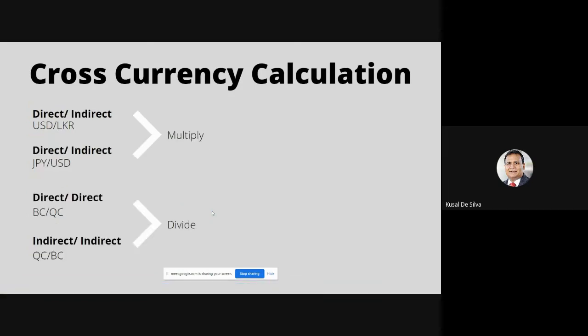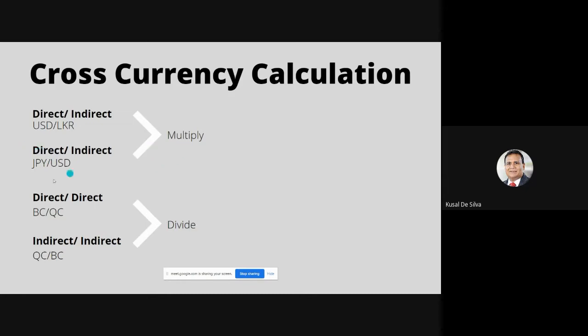Then we'll move to the other calculation method, that is called direct, indirect. Here you can basically change this. In this situation, direct or indirect, I wanted you to divide, and if it is direct, indirect, here direct, you need to multiply.